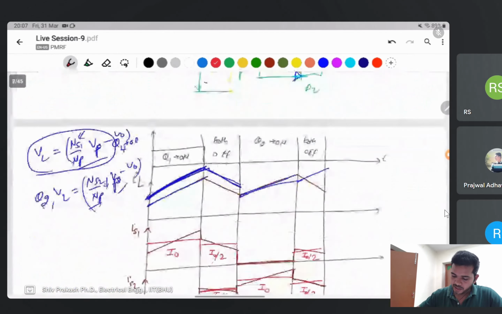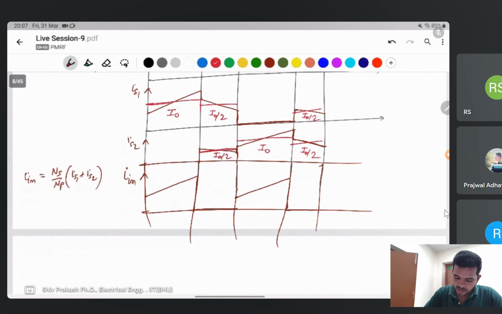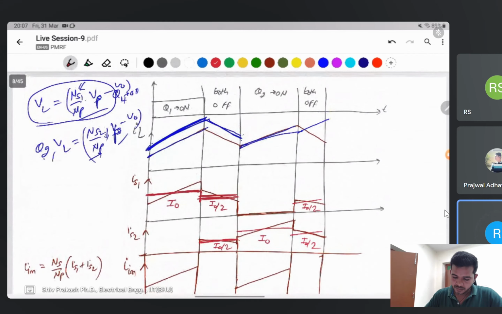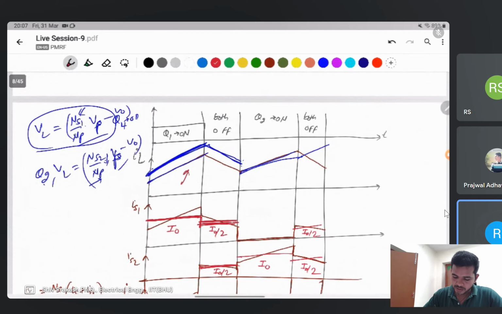I take this as the constant current I naught. And when both switches are off, half of the current flows through this half and half through this half.